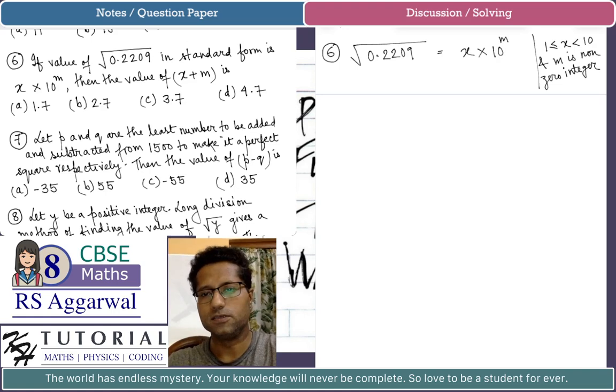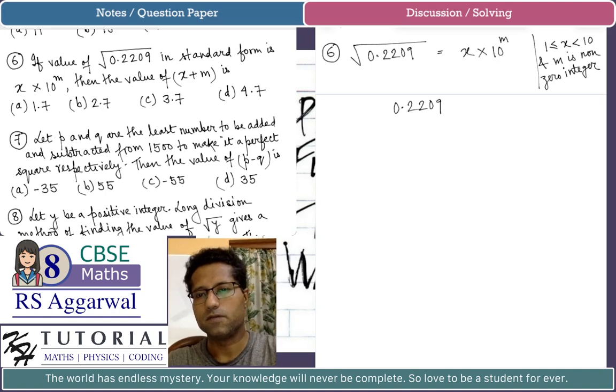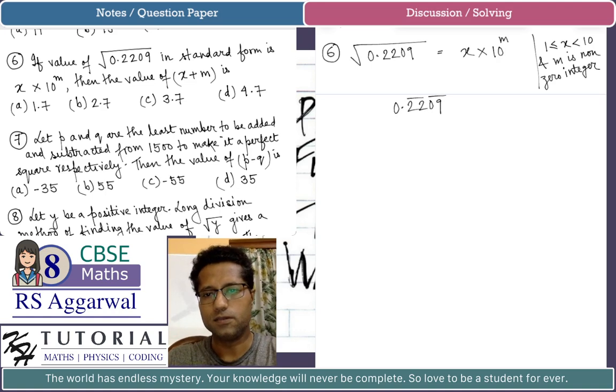So we can easily find the square root of 0.2209 using the long division method. We mark the periods from the right hand side, and the periods are 0, 9, 22 and 0. The first divisor will be 0, so 0, 0, remainder is 0.